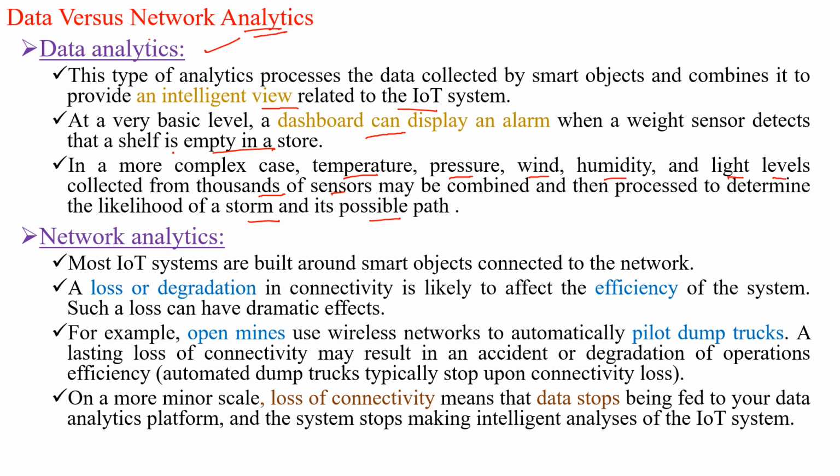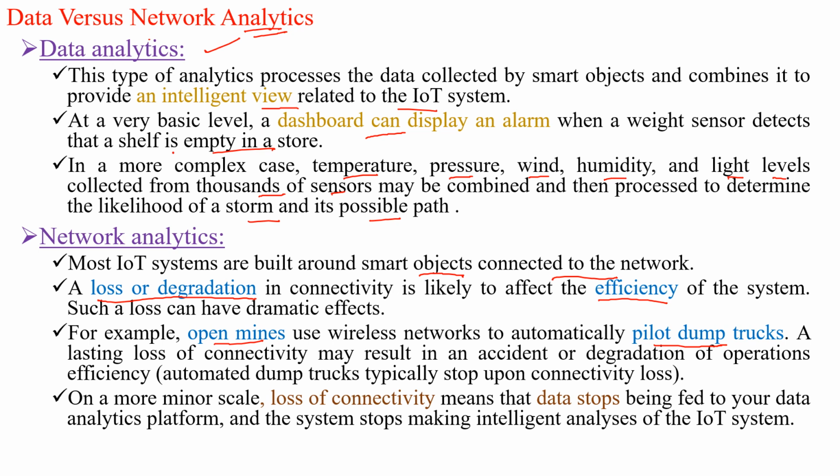Moving on to network analytics, most IoT systems are built around smart objects connected to the network. The loss or degradation in connectivity is likely to affect the efficiency of the system. Such a loss can have dramatic effects. For example, open mines use wireless networks to automatically pilot dump trucks.